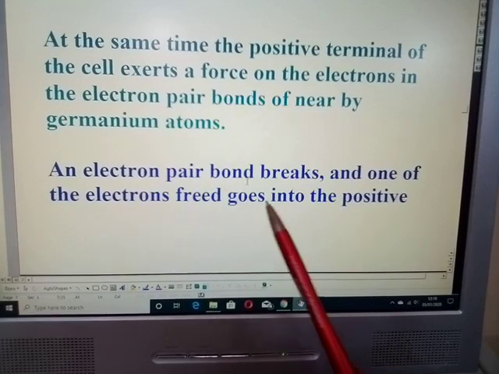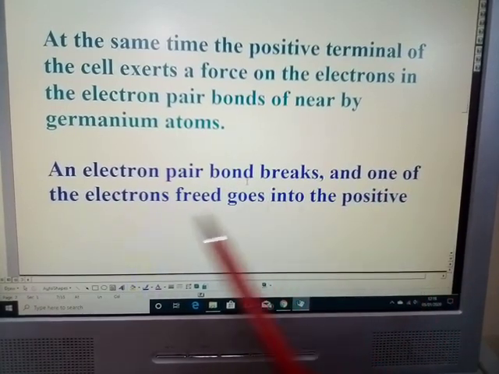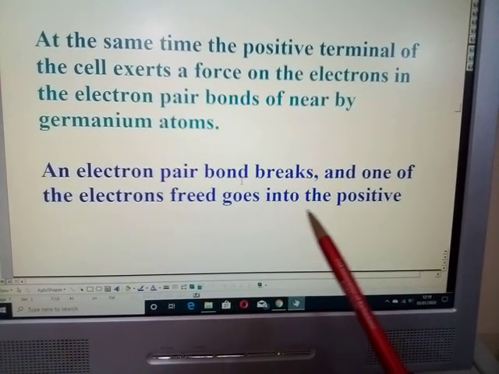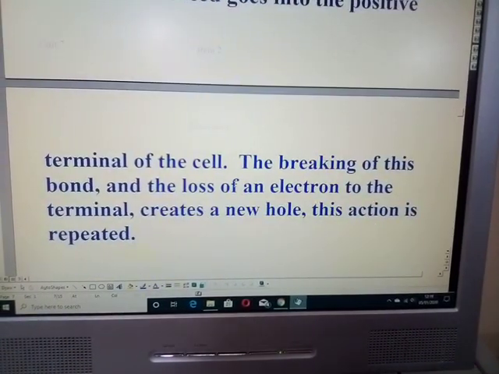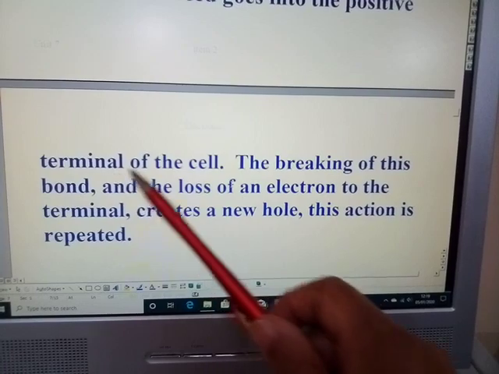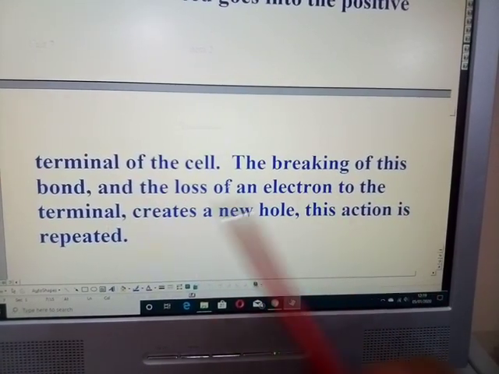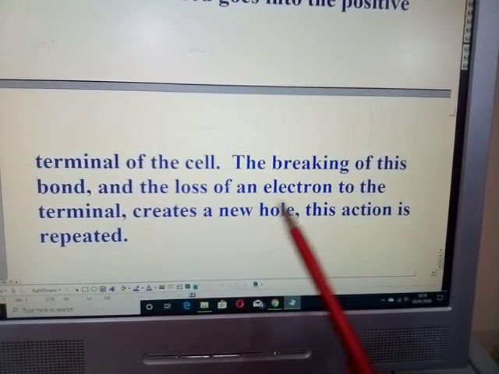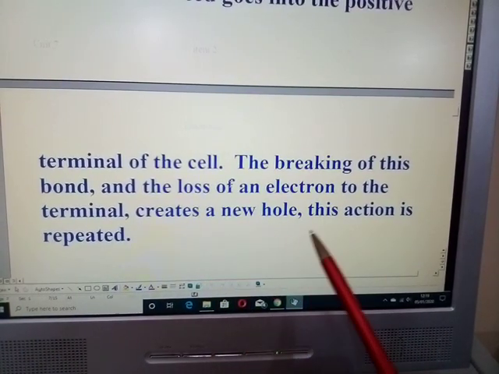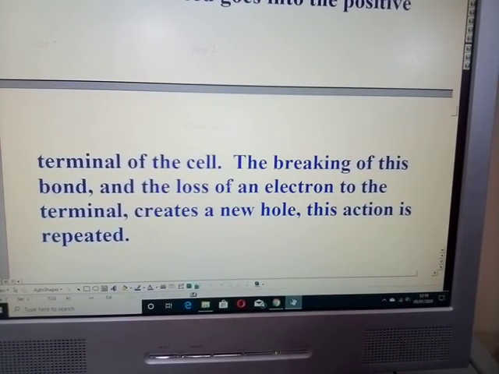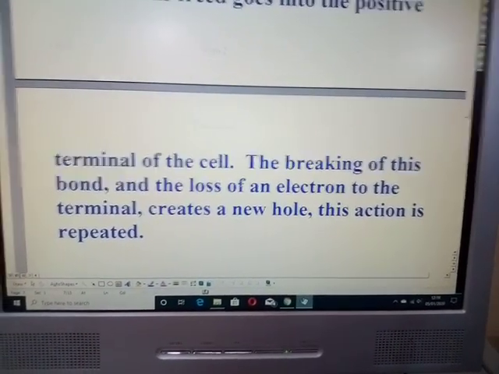An electron pair bond breaks and one of the electrons freed goes into the positive terminal of the cell. The breaking of this bond and the loss of an electron to the terminal creates a new hole. This action is repeated and repeated again and again.